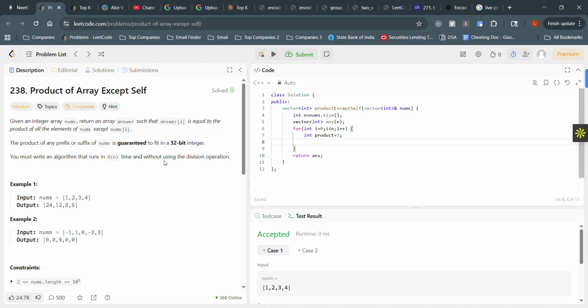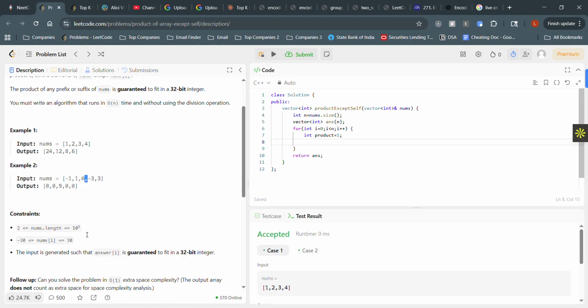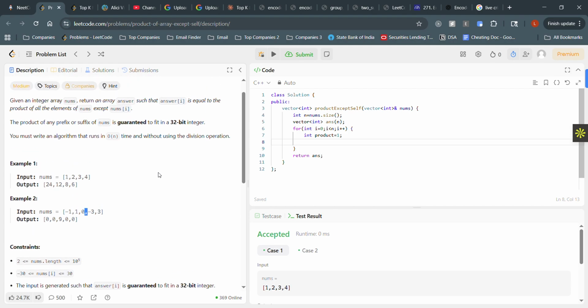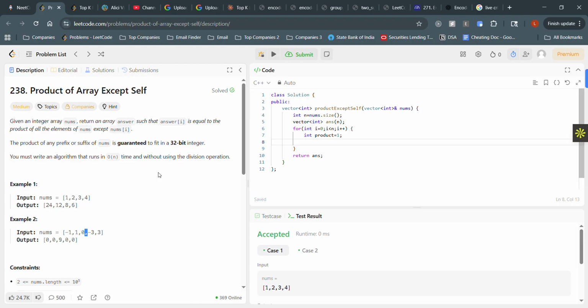However, in the question it is given that we should not use the division operation, and also it would be difficult for us, because what if the number is 0? If the number is 0, you cannot divide it by itself. So now let's think of a better solution.